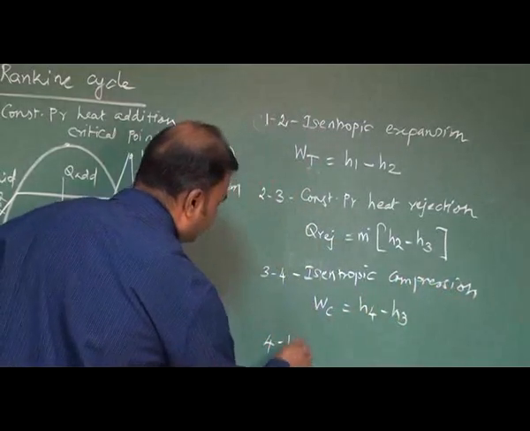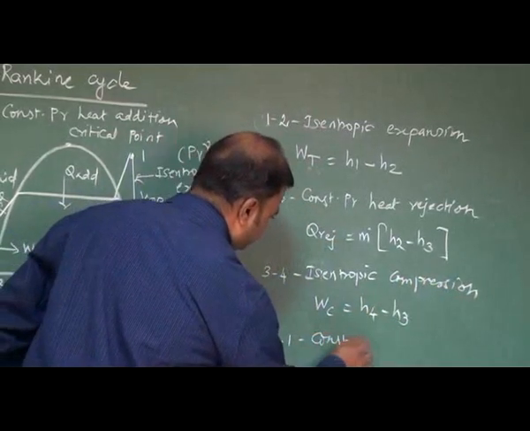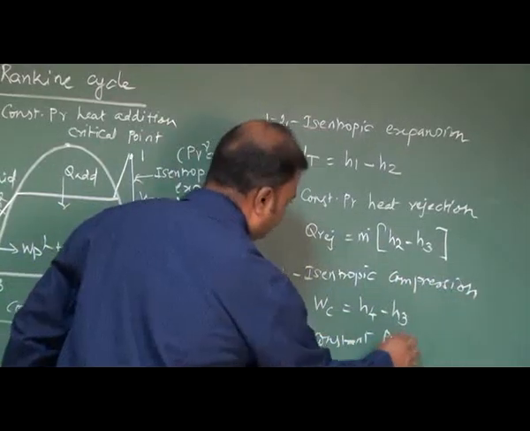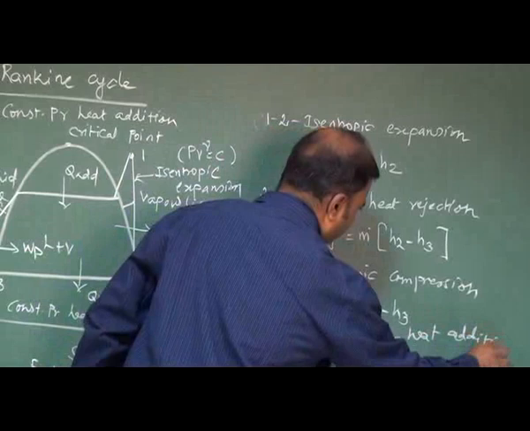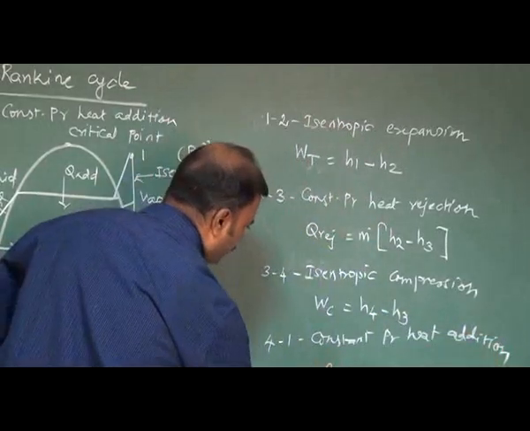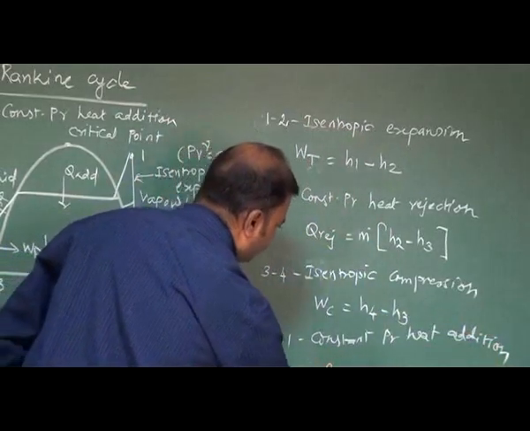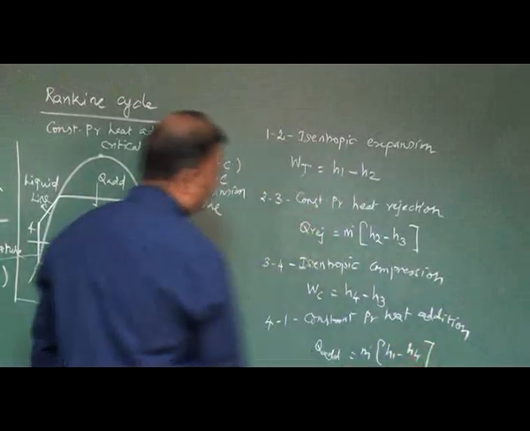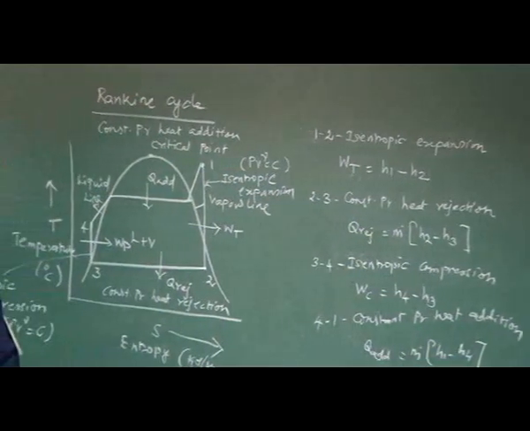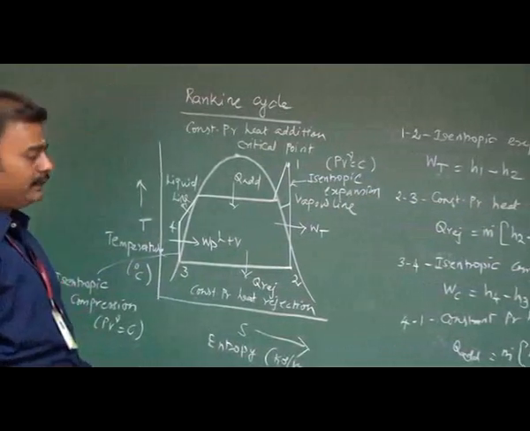And 4 to 1 is constant pressure heat addition. So Q addition equals m dot into H1 minus H4. These are all the formulas involved in the Rankine cycle.